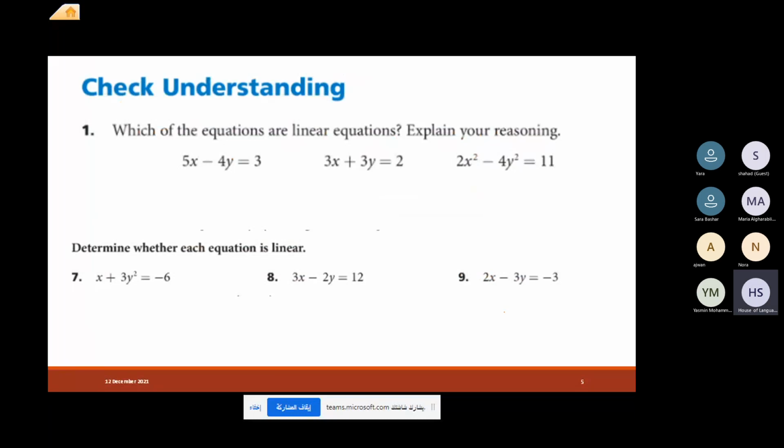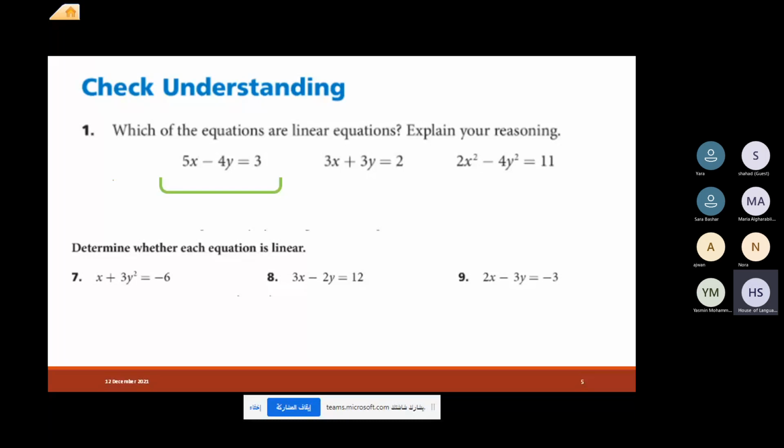Go to the next page. This here, number 1. Which of the equations are linear? It's in the book here. Number the first one. Yes, 5x minus 4y equals 3. Is it linear or not? Yes. Bravo.